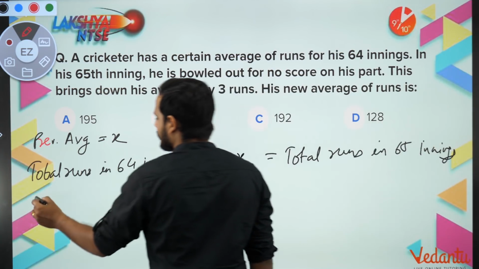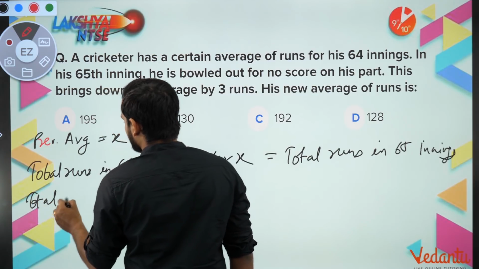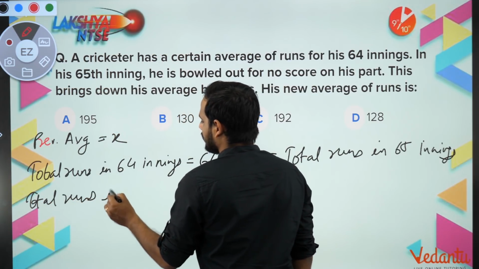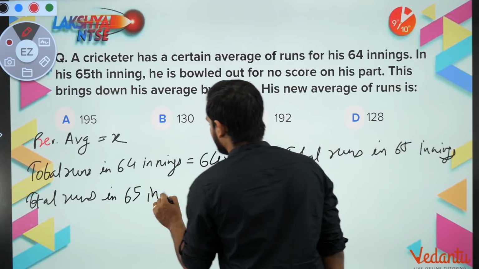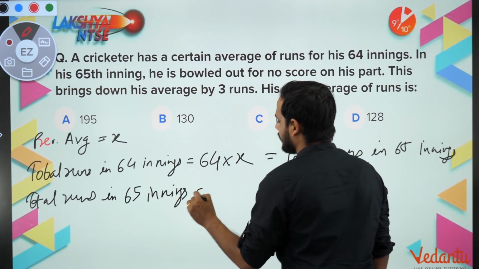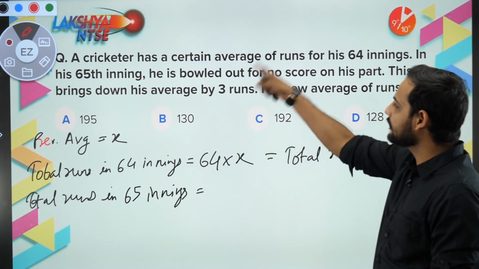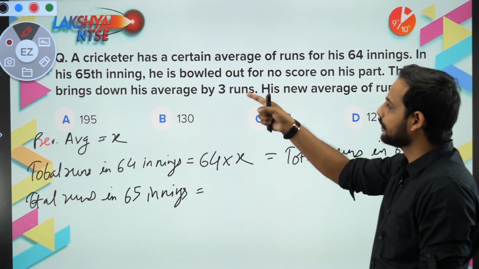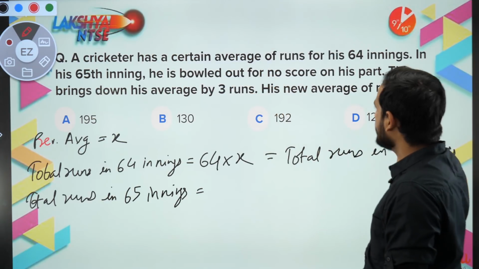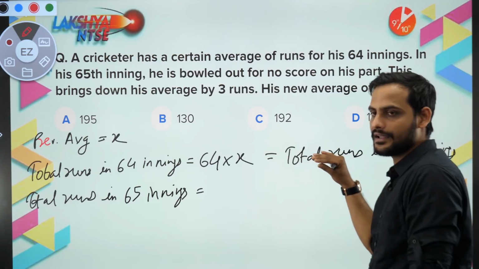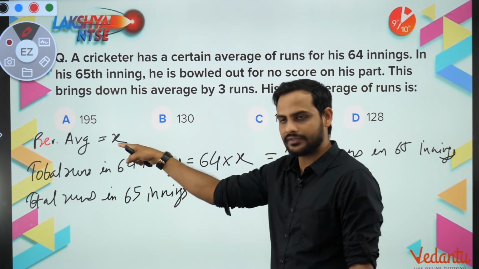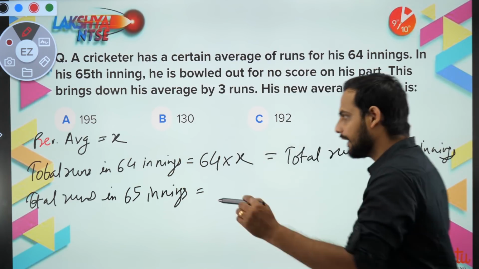Also, total runs in 65 innings can be found by one other method. They have told that once he got out at 0 in the 65th inning, his average goes down by 3. So earlier the average was X, now the average will become X minus 3.